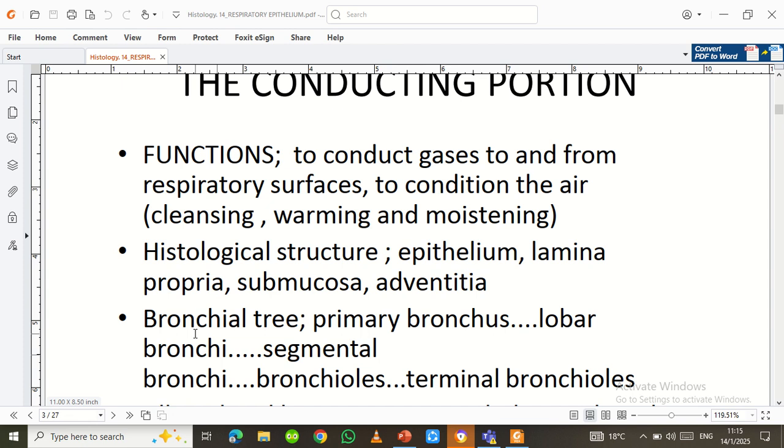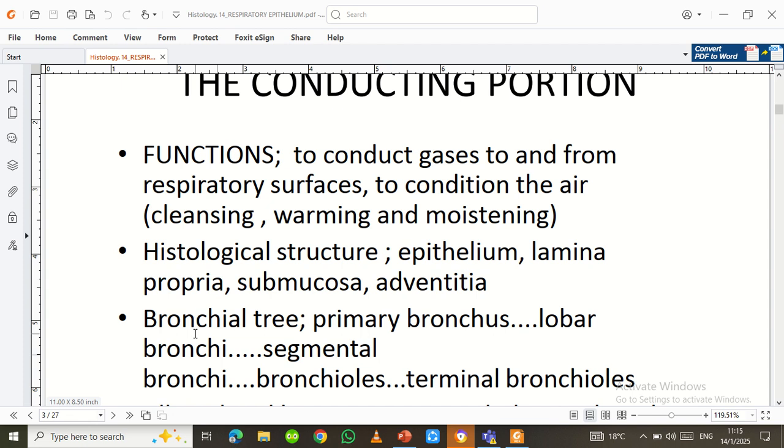The lobar bronchi further divide into segmental bronchi. These segmental bronchi invaginate the bronchopulmonary segment of each lung. The right lung has 10 bronchopulmonary segments, therefore it has 10 segmental bronchi. The left has 8 bronchopulmonary segments, so it has 8 segmental bronchi.